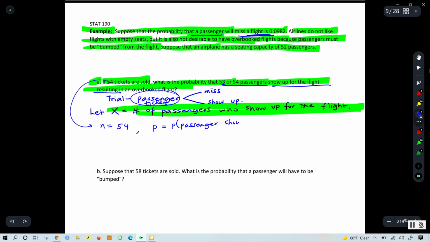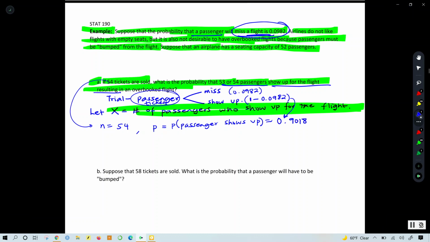If the probability that a passenger misses the flight is 0.0982, then the probability of show up will be the complement, 1 minus 0.0982, and that will be equal to 0.9018.